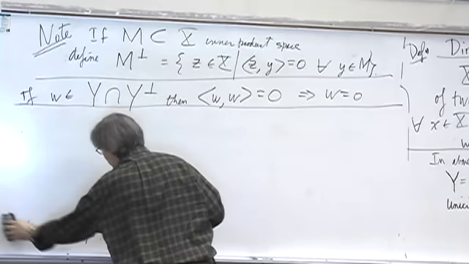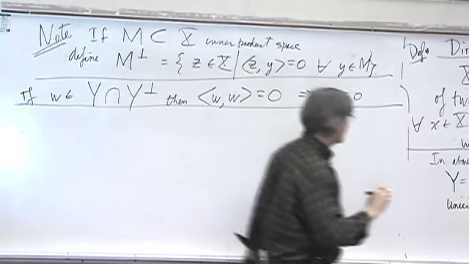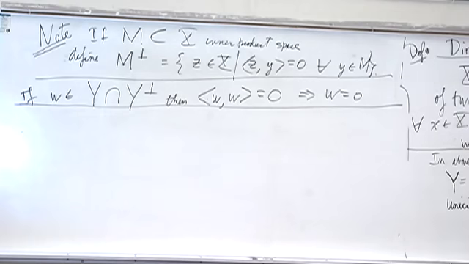How does the unicity follow now? Suppose I can write x equals y plus z and also equals y1 plus z1, where y is in the subspace capital Y and z is in the orthogonal complement. Then by differencing you have y minus y1 equals z minus z1.